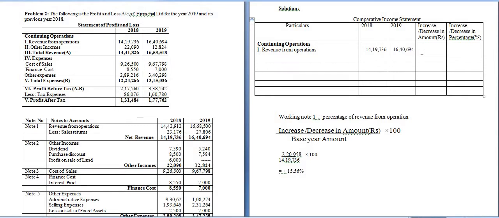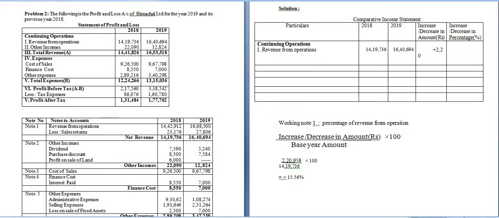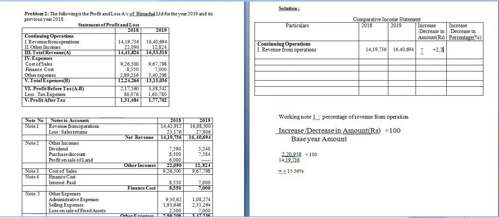How much is the increase? 2,20,958. Now here we have to write a plus sign. Why plus sign? Because revenue has increased.